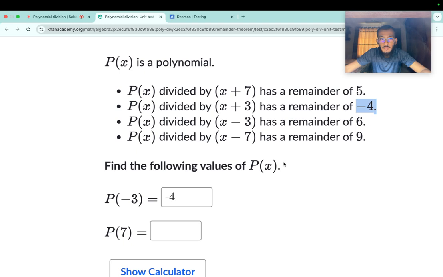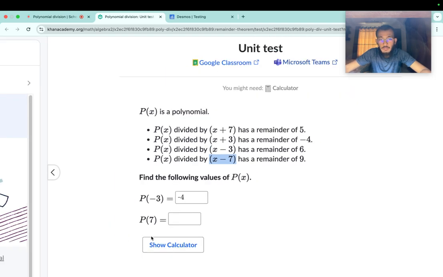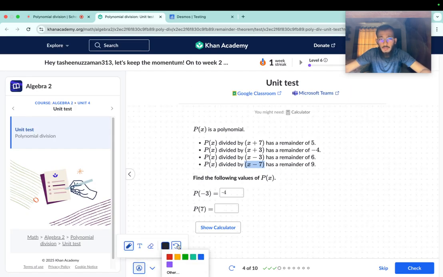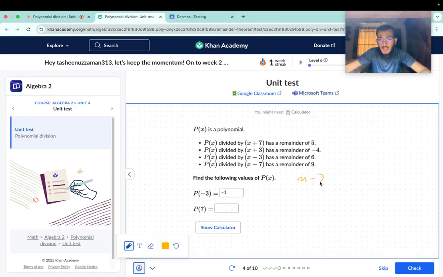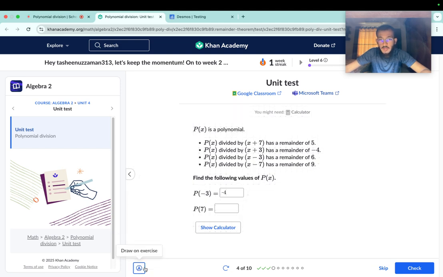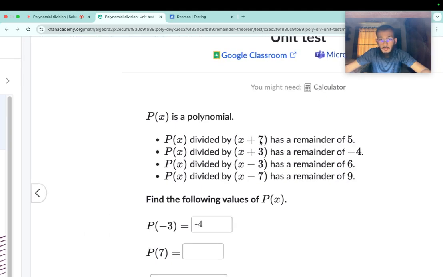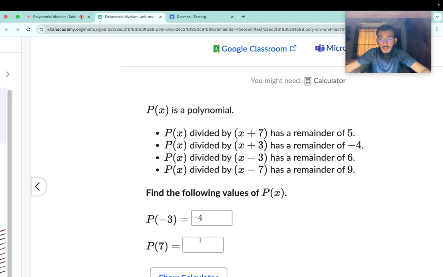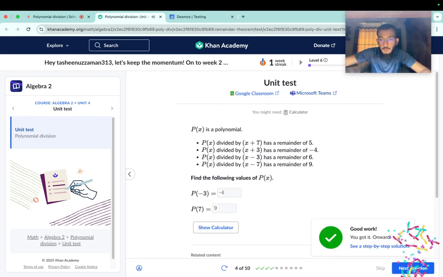And inserting the value of x as 7 is equivalent to dividing by x minus 7, because we want to put the bracket equal to 0 and see the value of x. So that's why this is negative x and not positive, negative 7 and positive 7. So negative 7 has a remainder of 9, so we would also get 9.